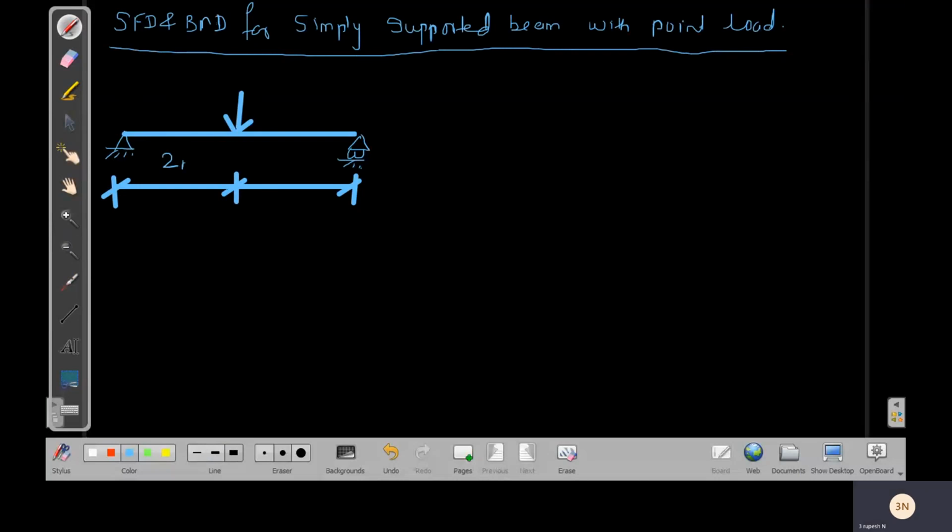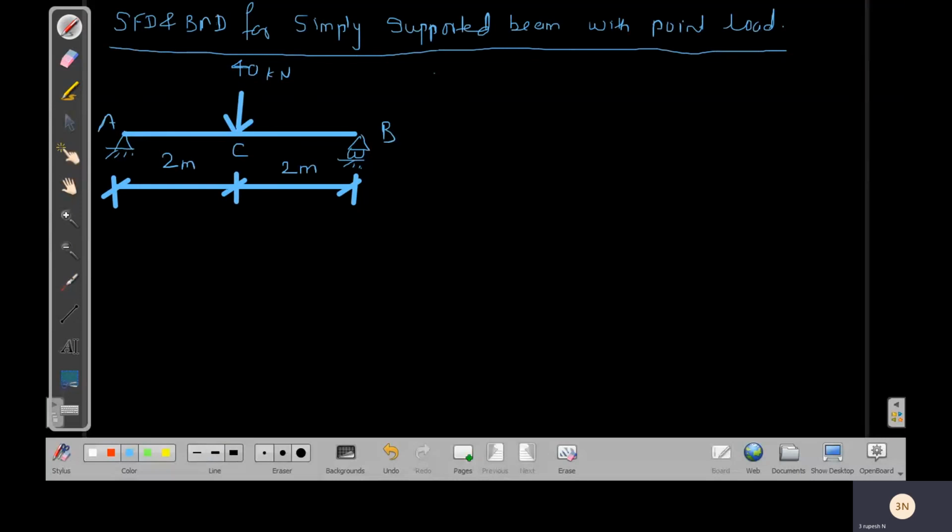This is 2 meter, this is 2 meter. This is 40 kilonewton. This point is A, this point is B, and this point is C. Now we have to find out.